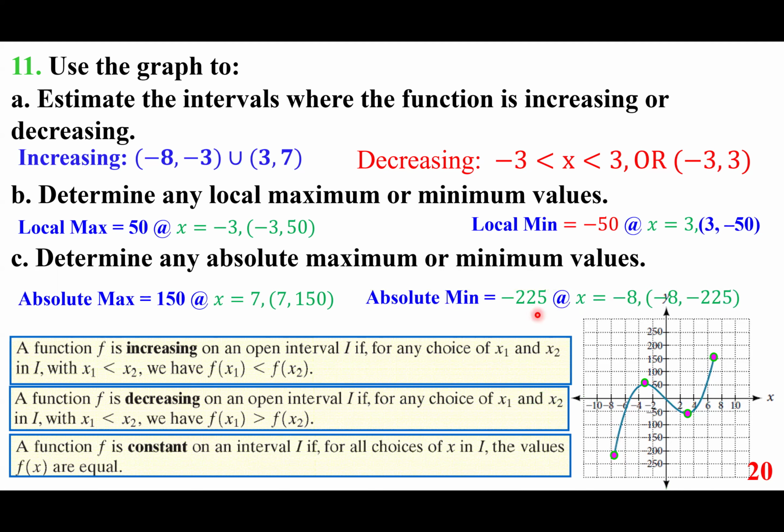So absolute minimum is -225 at x equals -8, or you can write it as -8 comma -225. Okay, so I hope it's clear to everybody.